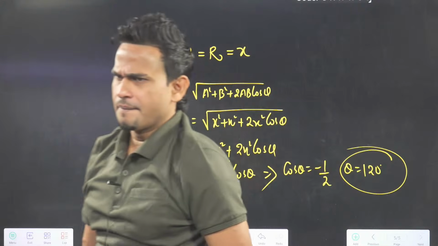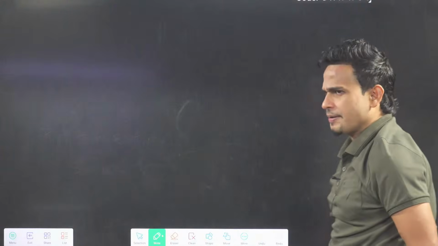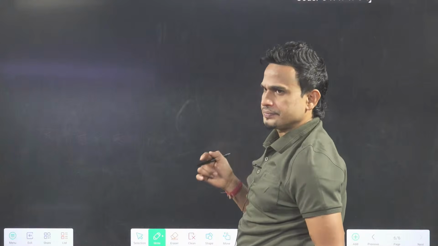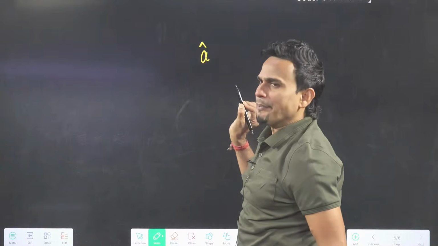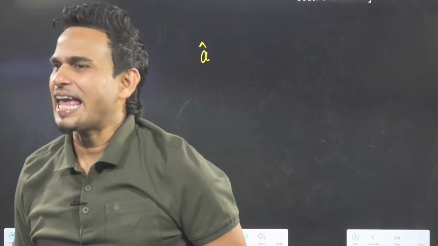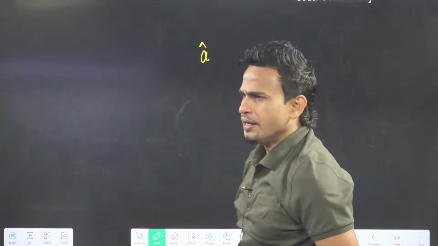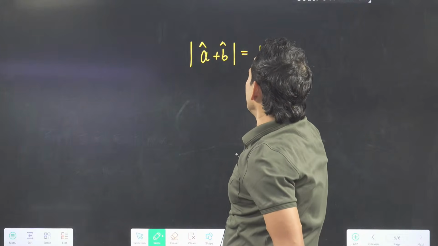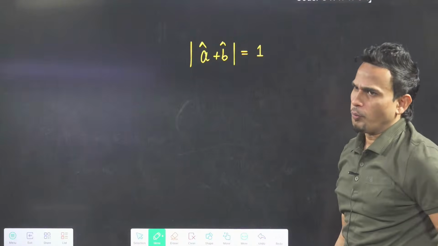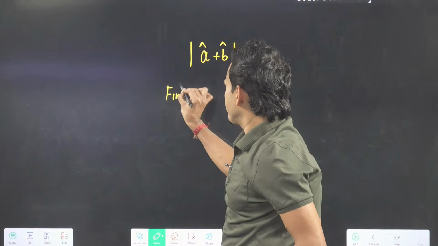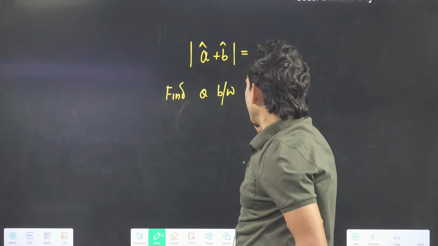चलो एक और क्वेश्चन बनाओ भाई. You can write: if A cap plus B cap mod equal to 1, then find theta between A cap and B cap.